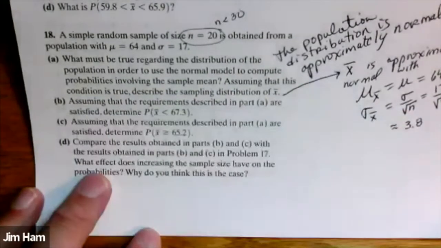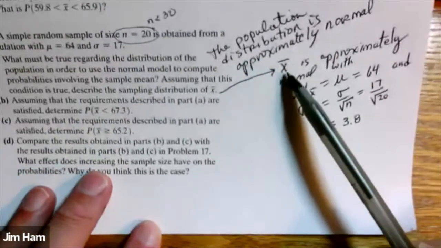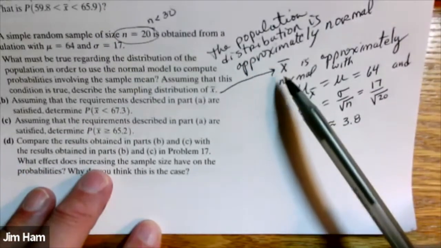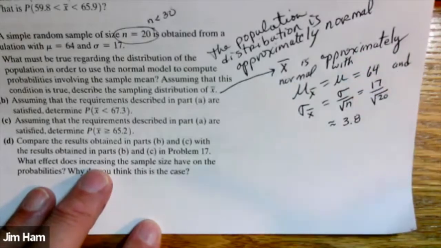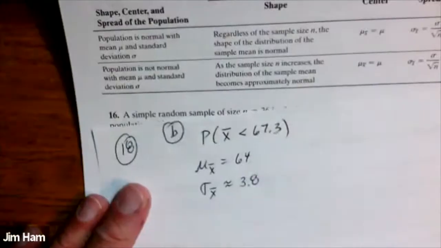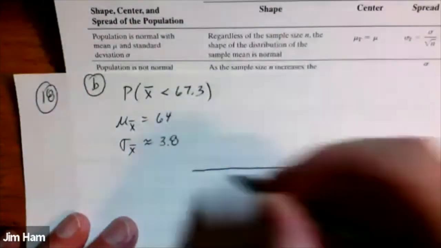So anytime they ask a probability about X bar, we know something about the sampling distribution of X bar. It has a mean of 64 and a standard deviation of about 3.8. And with those two numbers, we're going to draw our graph.